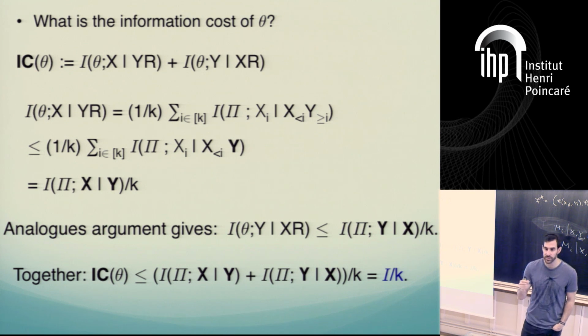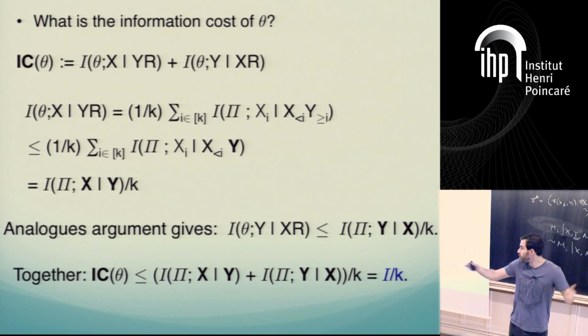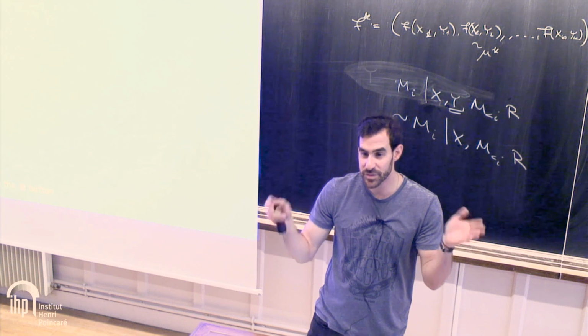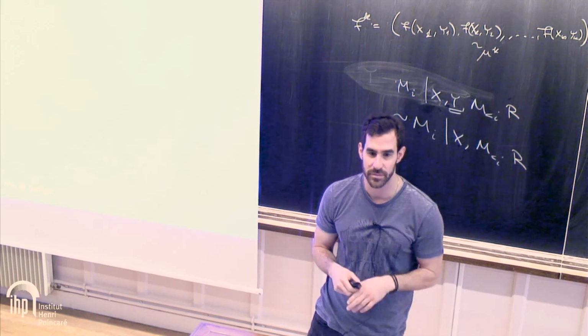And I'd like you to remember for the next part of the talk, as this will be a recurring argument: if we take a k-fold protocol with information I, we can always generate from it, using this sampling method, a single copy protocol whose communication is very bad, it's the communication of the protocol pi, but whose information is very good: it's what it was, divided by k. Okay, with this principle in mind, let's take a 5-minute break, and we'll come back to the compression.